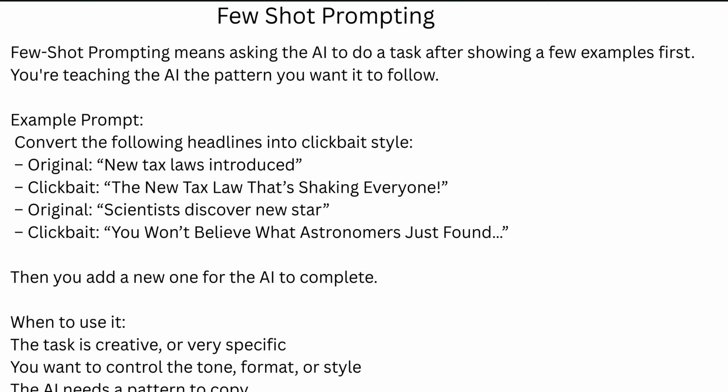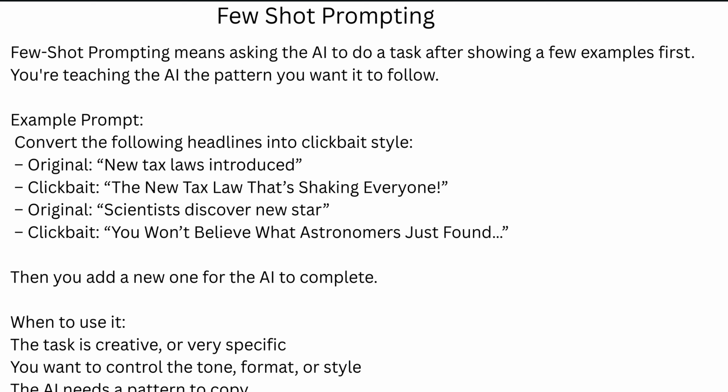You use this when the task is a bit creative, or you want to control the tone or the format, or the AI needs a pattern to copy. Few shot prompting is basically you saying, here's how I want you to do this. Here are a few examples.